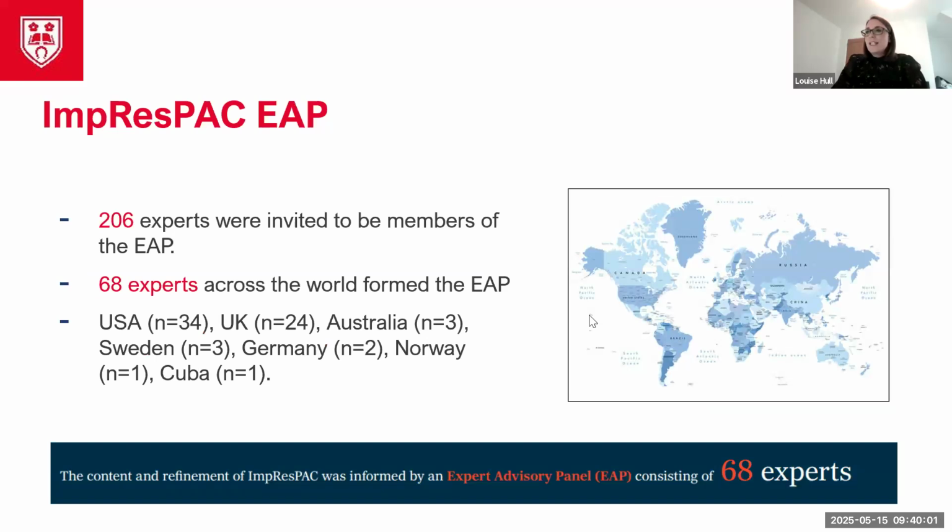So this resulted in more than 200 experts being invited to be members of the expert panel, and in total 68 experts agreed to participate, representing just over a 30% response rate. And as you can see, most of those experts were located in the USA or the UK, but we did have some experts from Australia, Sweden, Germany, Norway, and Cuba.